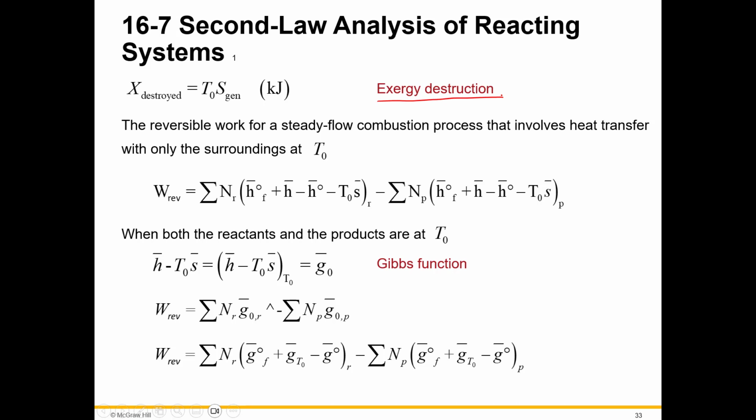And remember, exergy is just the available energy, right? The available potential work that we could be doing. The reversible work of a steady flow combustion process that involves heat transfer with only surroundings at T0. And so this is work reversible right here. And then it's when both reactants and the products are at T0, and this is just the Gibbs function. So there's just more formulas and a reminder of what exergy is.